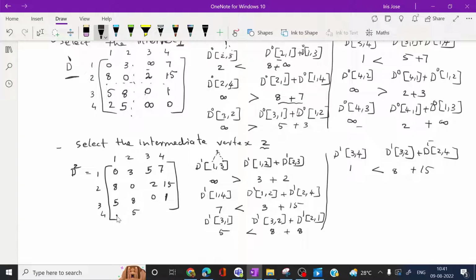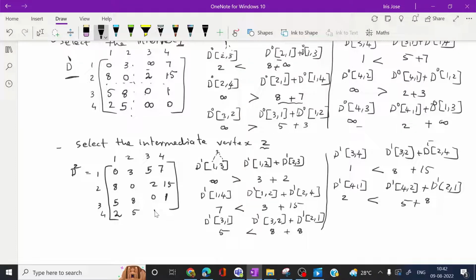Then now we have to find D41. D41 will be compared with D42 plus D21. D41 is 2, D42 is 5 plus D21 is 8. So this value is lesser, so we will keep the value 2.